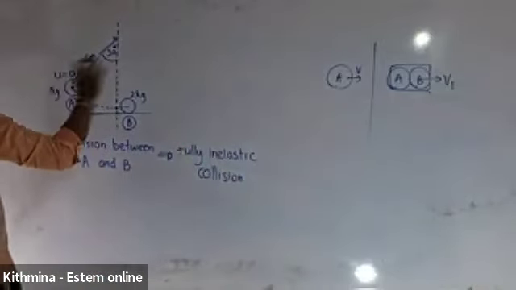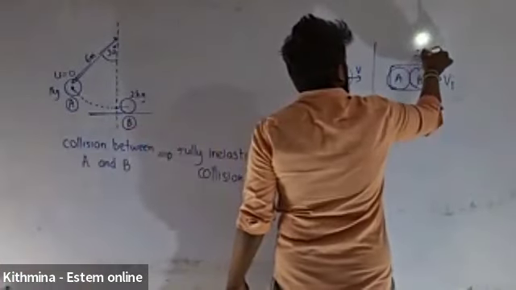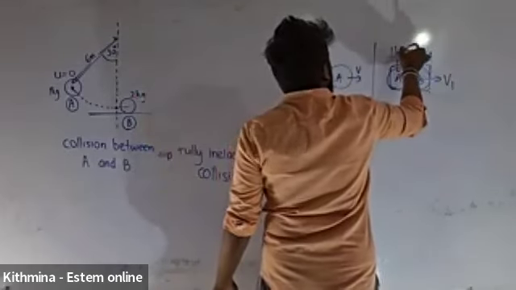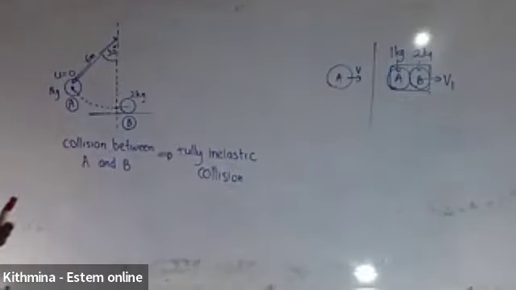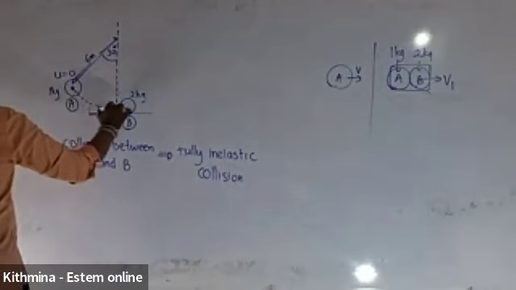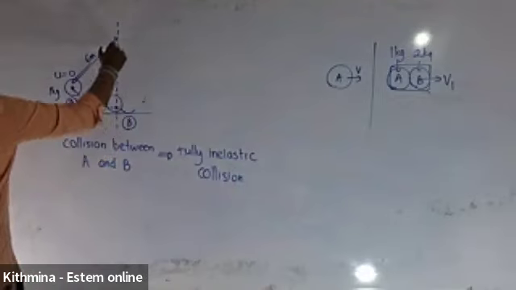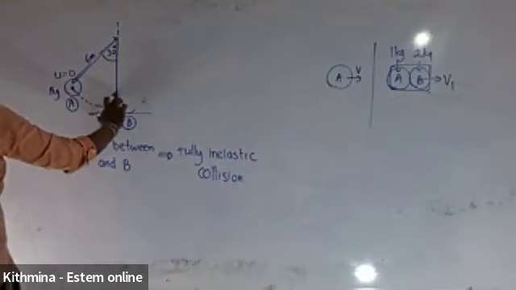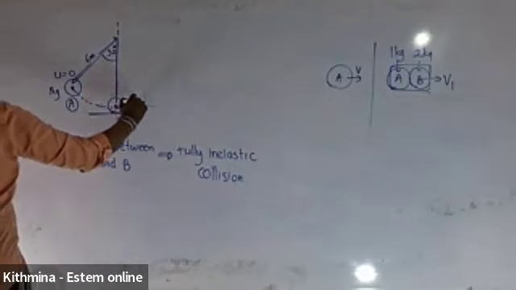Okay. Finding V: capital A is 1 kilogram. Capital B is 2 kilogram. What is the velocity here? We should find the velocity of this. This is the V now.